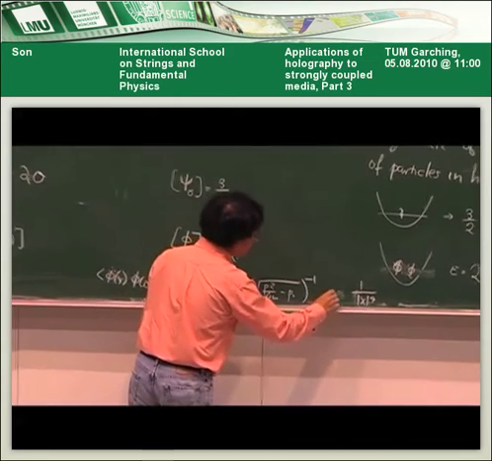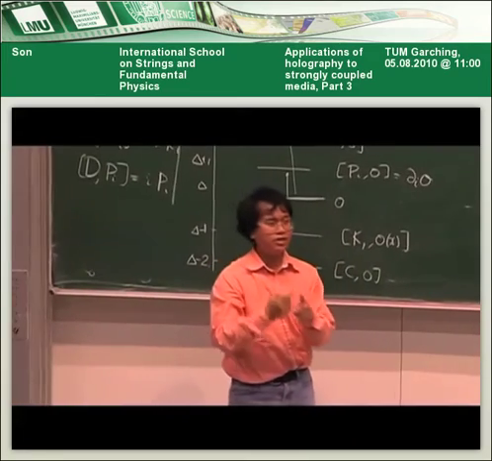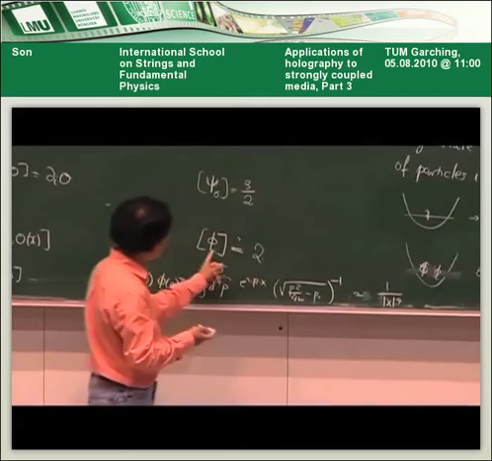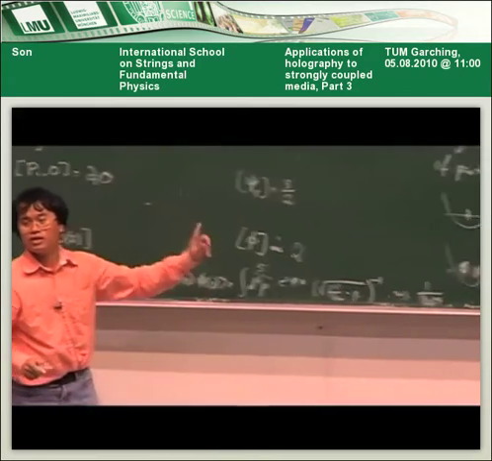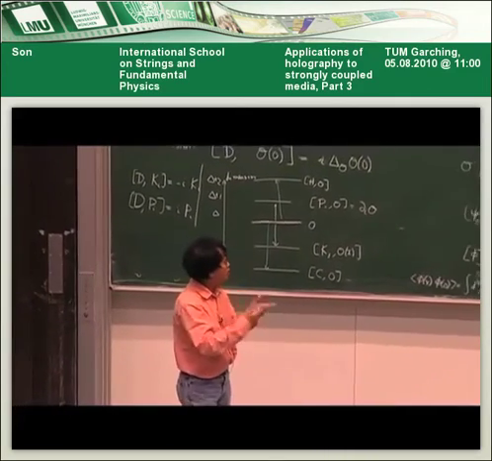In fact, it is not exactly 1 over x to the power of 4 because there is an asymmetry between time and space. But by dimensionality, this has dimension 4. That means the dimension of phi has to be equal to 2, exactly the same value as the energy of two particles in the harmonic potential.